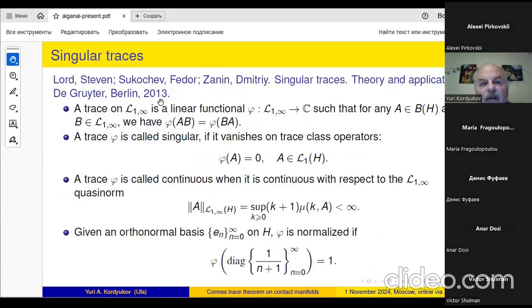So instead of Dixmier traces, we can consider much more general objects. Of course, we should consider traces. So here I just recalled again the definition of the trace. Instead of the Dixmier trace, we can consider a linear functional phi, which is a trace.